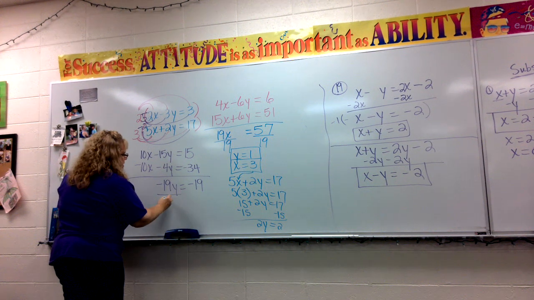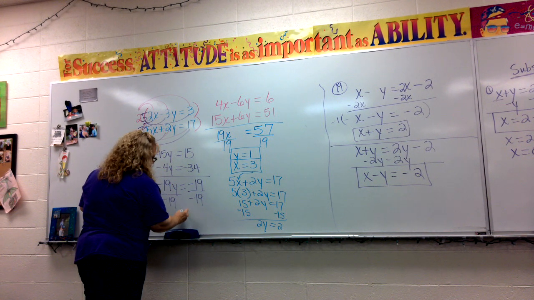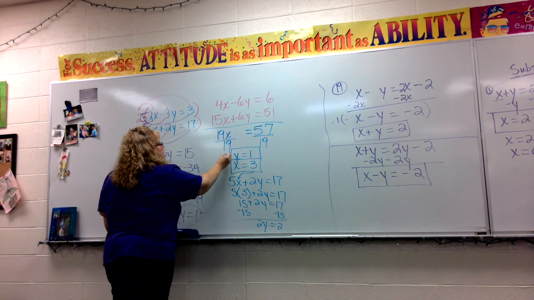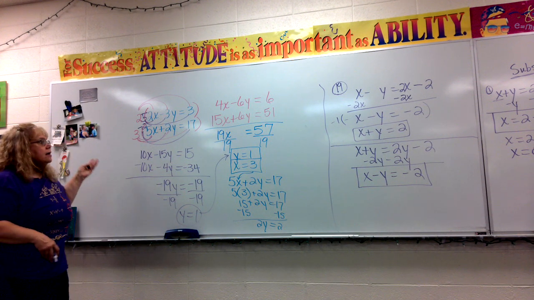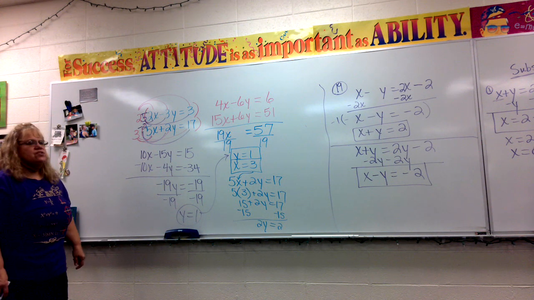Divide by -19, divide by -19, what do you get? What y was when we did it the other way. I'm not going to plug the x in, but you get the idea that there's more than one way to do most of these and still come up with the right answer.